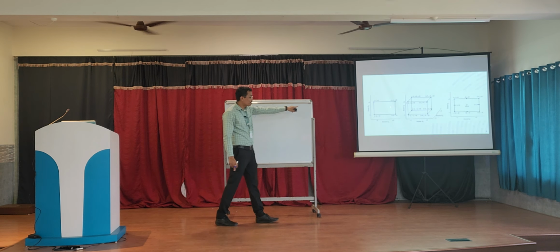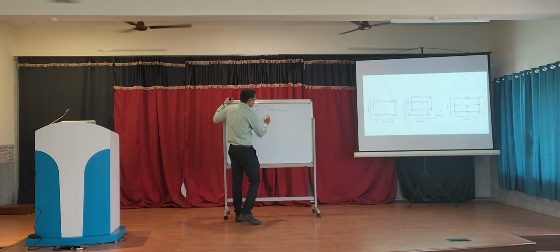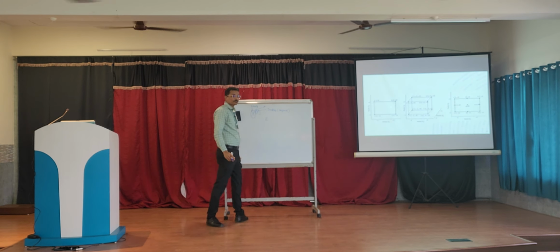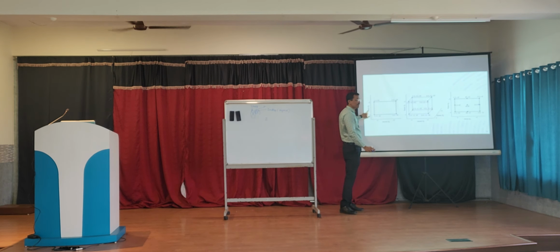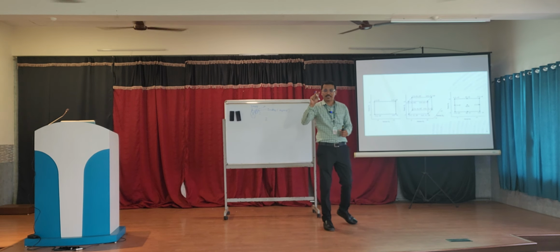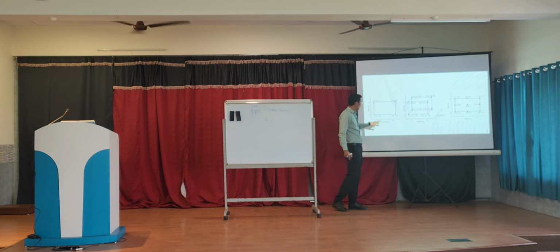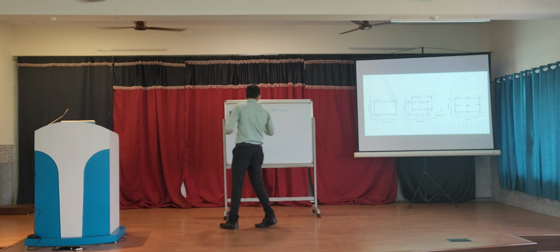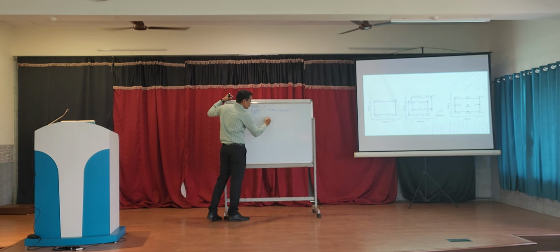So in the first example, the number of factors is 2. Which are these two? This is factor 1 and this is factor 2. At the same time only two levels are considered, the low level and the high level. Is it right? So the number of factors is 2, meaning x is 2, and at the same time n is also 2.